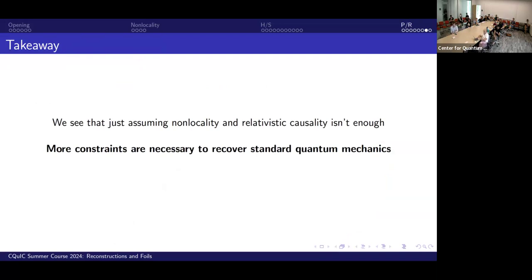standard quantum mechanics. Yes? Yeah, just curious, what can you do with these super quantum theories, like computation? I believe this has been studied, but I do not know the answer.